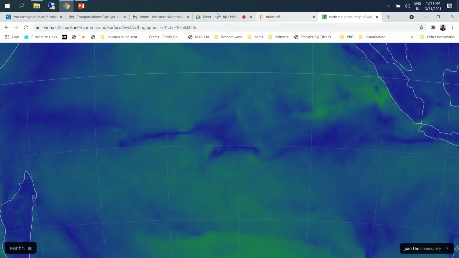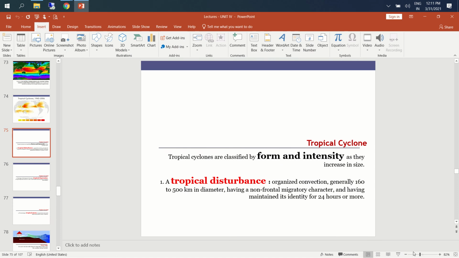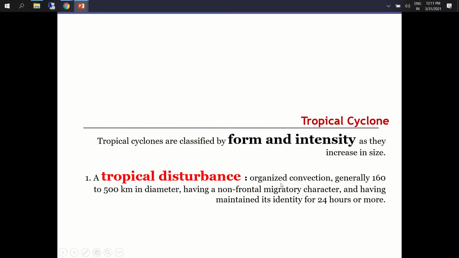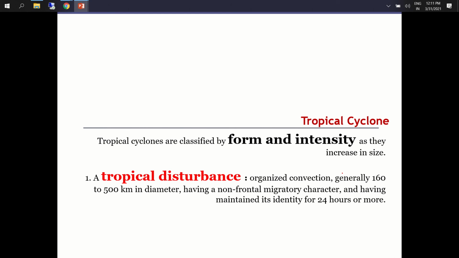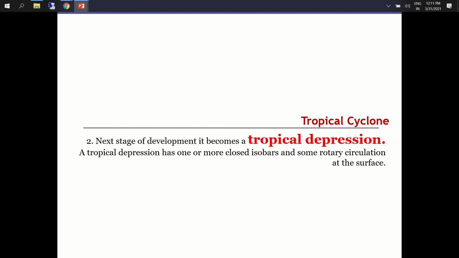So in the first case, in tropical disturbance, winds of more than 120 kilometers per hour can be observed, but it is not necessary that it will eventually form a cyclone. The second one is a depression, where there are closed isobars.